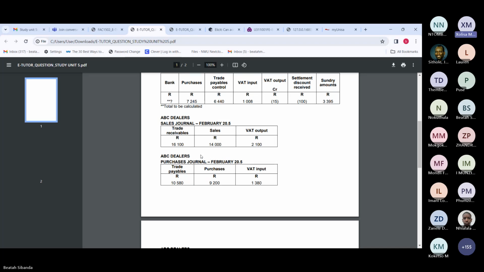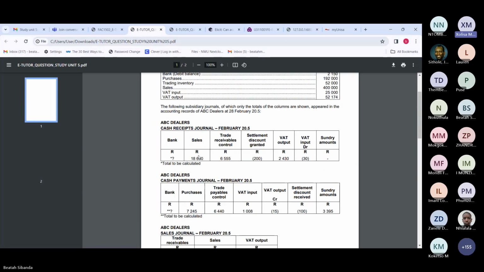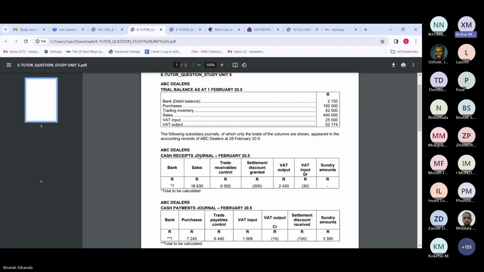And sorry, administrators, just tell me if I'm saying something the students haven't covered. Please just let me know. But sales will sit on your income statement, right? And you would also have expenses on your income statement, right? So things like purchases.